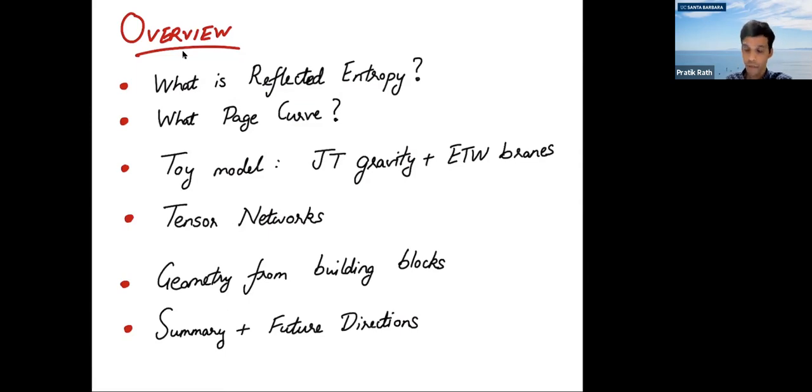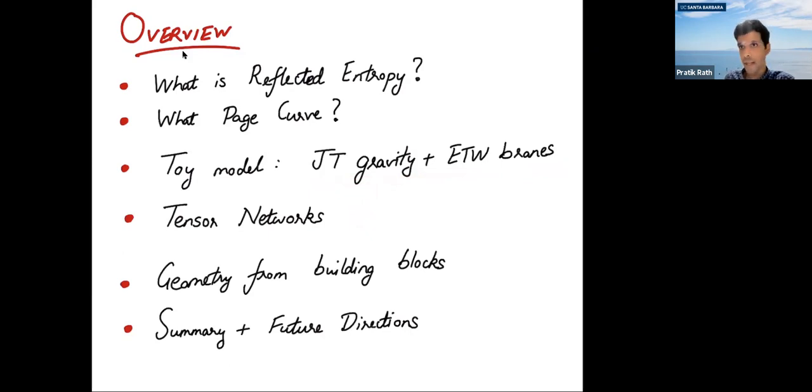Using that as inspiration, I'll talk about some more models where we can understand this Page curve rather well, which are tensor networks. And in some particular sense, the calculation I do in the context of JT gravity will almost be a part of the tensor network calculation, and the tensor network calculation sort of generalizes it.